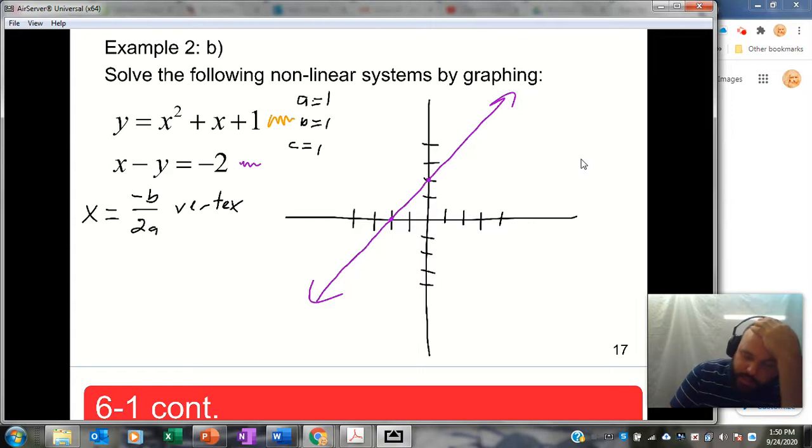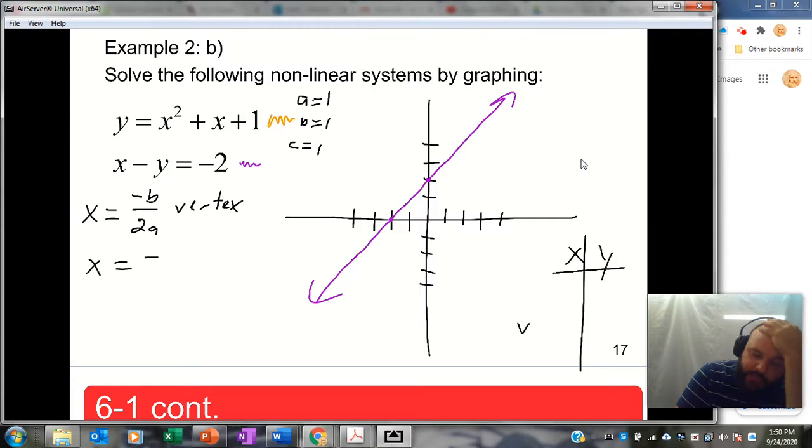But so we need to make a table in order to graph this parabola. But before we make the table, we need to find the vertex. So it's x equals negative, and the b value in our equation is 1, over 2, and then the a value is also 1. So -b over 2a is -1 over 2.